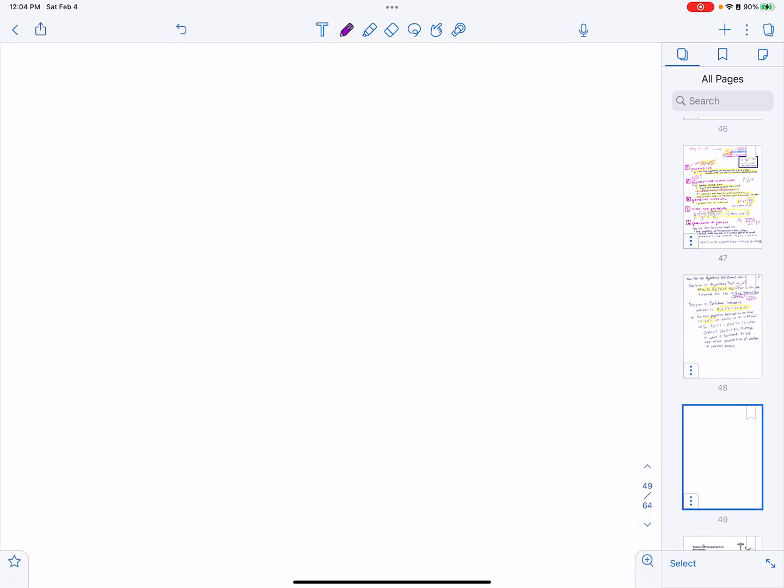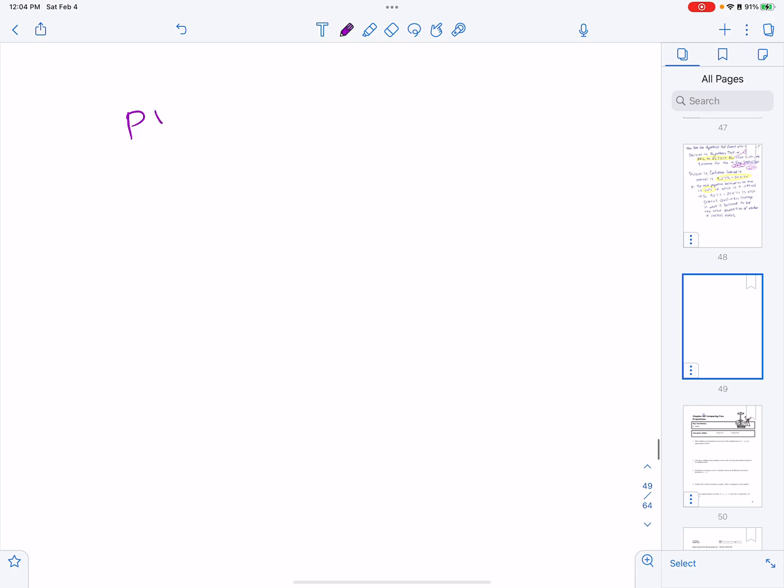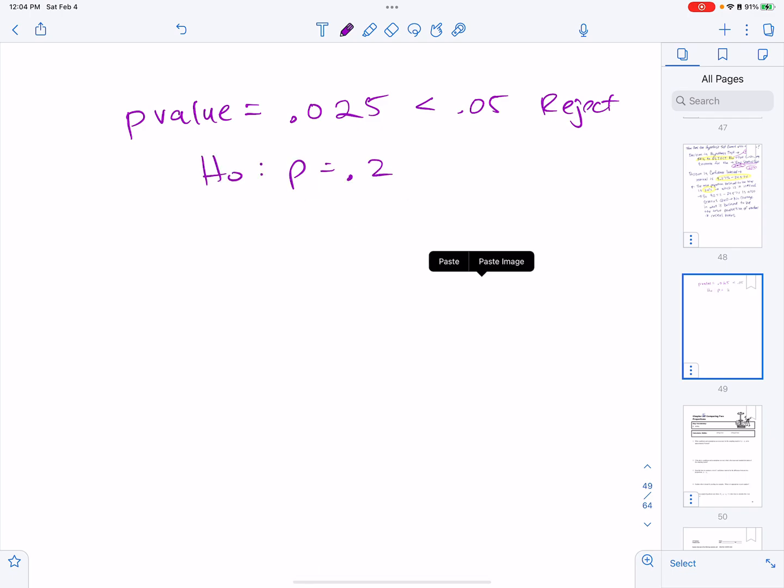Let me give you one more scenario. Let's say I had a p-value of 0.025, right? So obviously that's less than 5%, and we would reject. Let's do our same one, that p is equal to 0.2. If we did, then I would expect to see my confidence interval, instead of being something like 9%, maybe 0.254 to, let's say, 0.372.